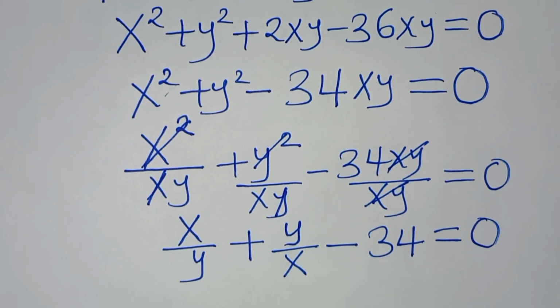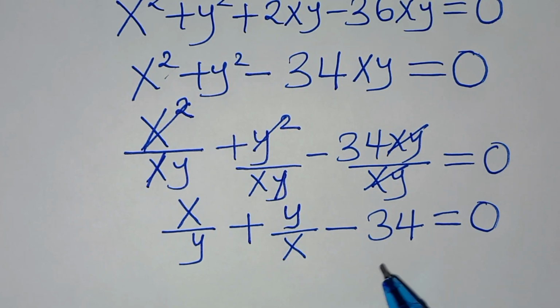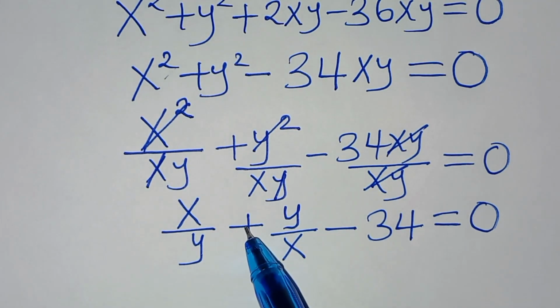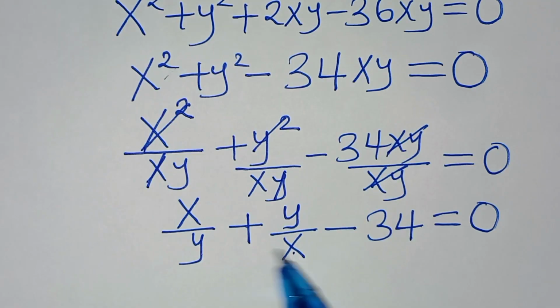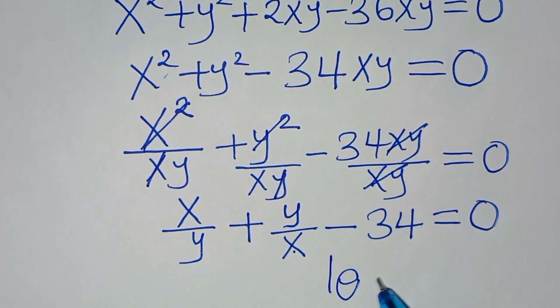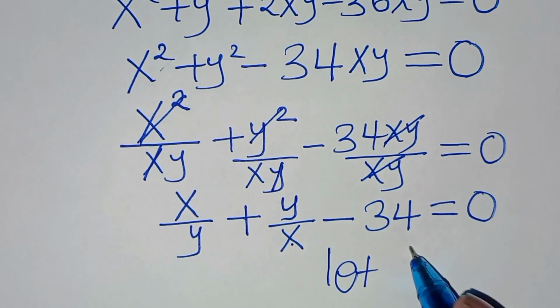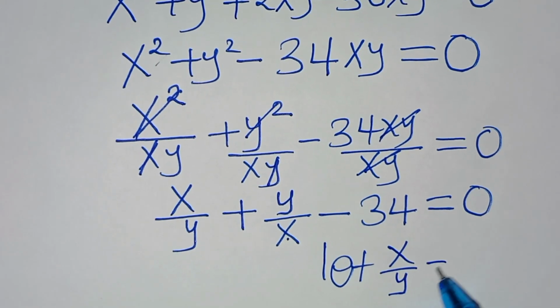Now, from here, we have x over y plus y over x. So we can let x over y be equal to m.